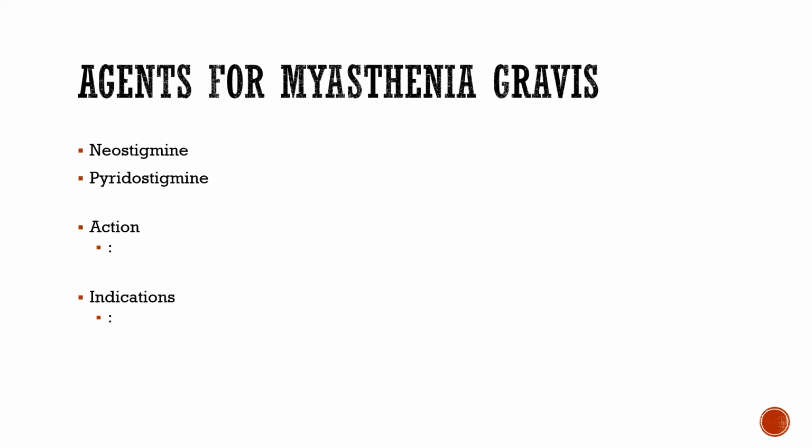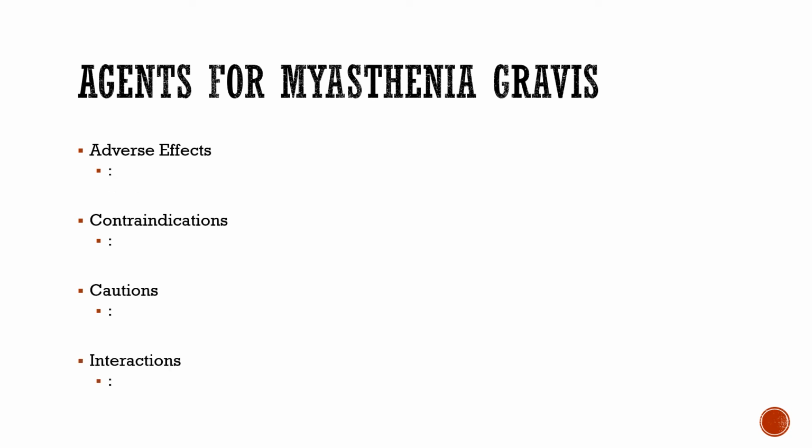Cholinesterase kind of does the same thing. It goes in and cleans out some acetylcholine. It doesn't clean it all out, but cleans it out. This prevents the cholinesterase from inactivating the acetylcholine. And that's our indication, myasthenia gravis.